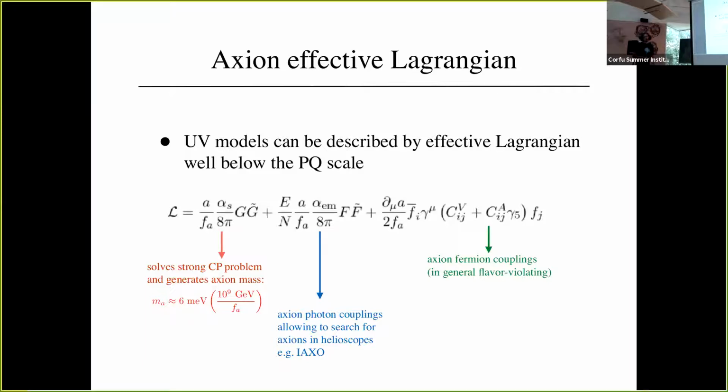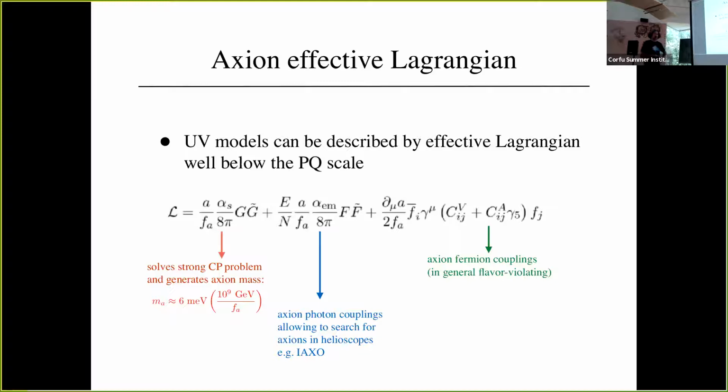So before going to the model, it's helpful to look at the axion effective Lagrangian, which describes UV models well below the Peccei-Quinn scale. So there are basically two important terms in this Lagrangian.